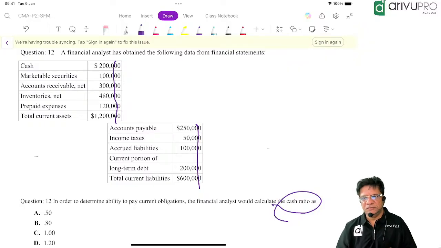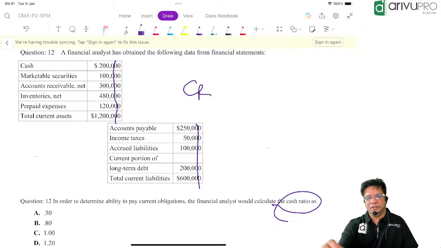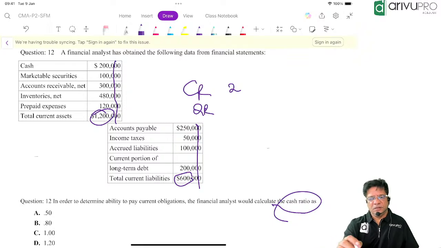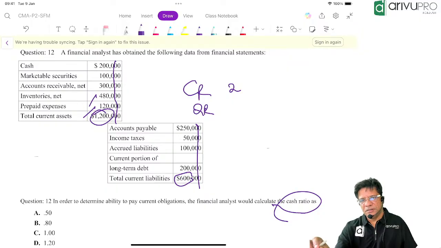Okay, just finish it out. All three calculate. How much is current ratio? Simple. How much? 2. Quick ratio. Leave this one. How much?